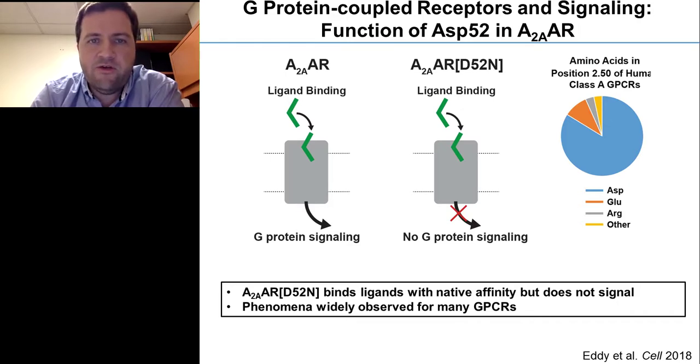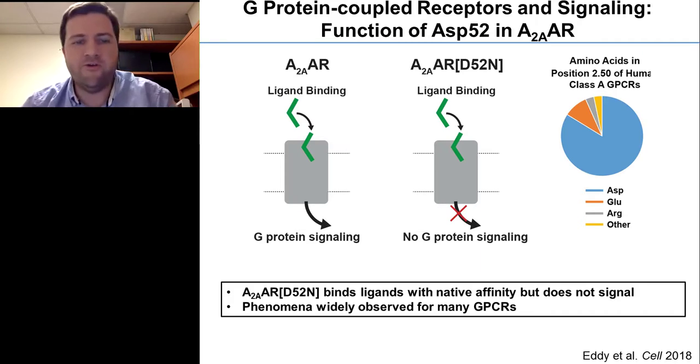For this particular variant, D52N, it doesn't perturb ligand binding, so ligands bind like they would for the native protein, but there's absolutely no G protein signaling. So you can bind an agonist, and G protein signaling is completely killed for this variant.